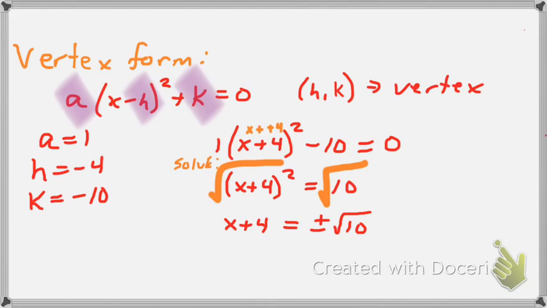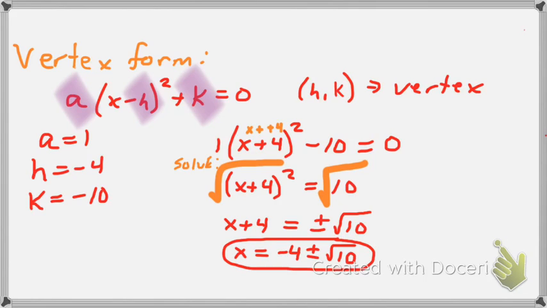And then the last step would be to move the 4. So your answer is -4 plus or minus root 10. Those are the two numbers, -4 plus root 10 and -4 minus root 10, that work in the equation if you plug them in for x in the original problem. I knew it was going to be something a little gross because the problem wasn't factorable at the beginning.